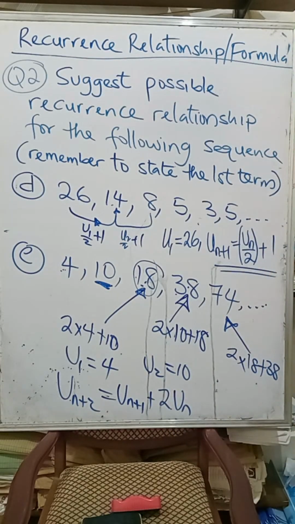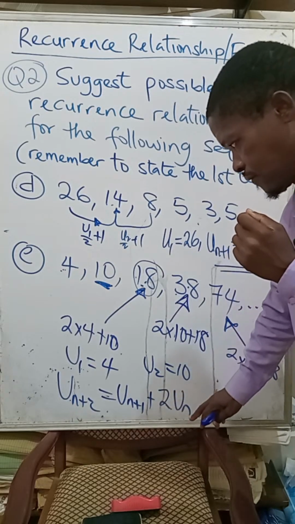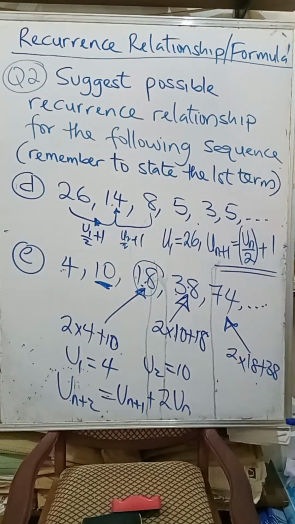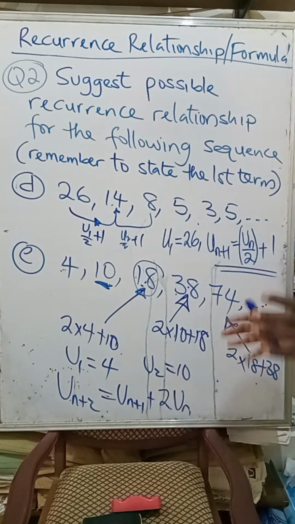U subscript N plus 1 is the second 10. So 2 times the first 10 plus the previous number, the second 10, that's your U N plus 1. This is tricky, but the more questions you solve, you get acquainted with it.